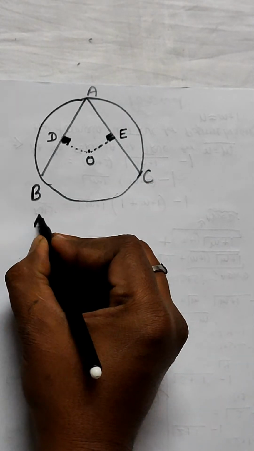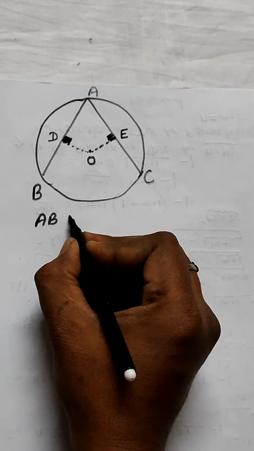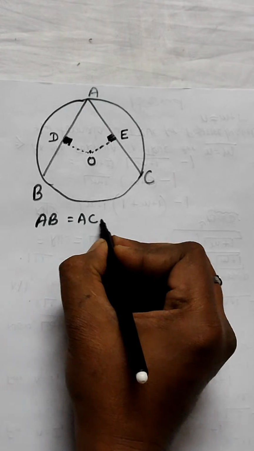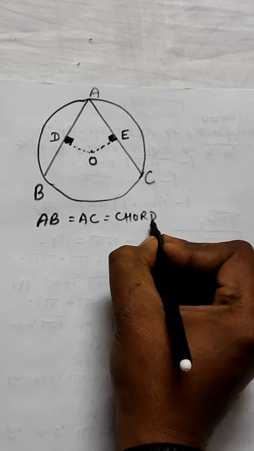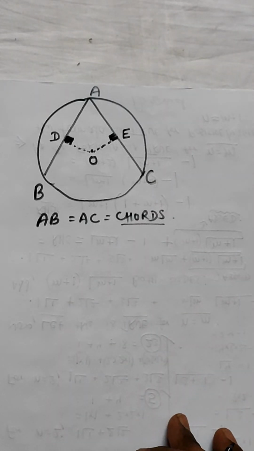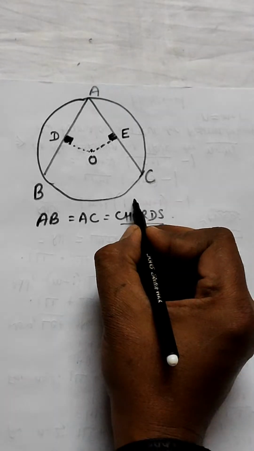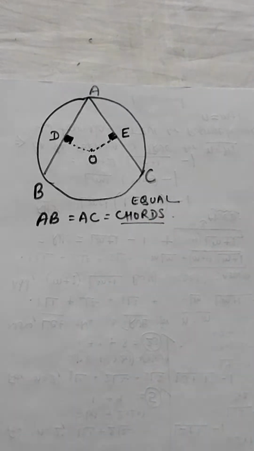So the data given in the question: AB equal to AC, these are the equal chords.